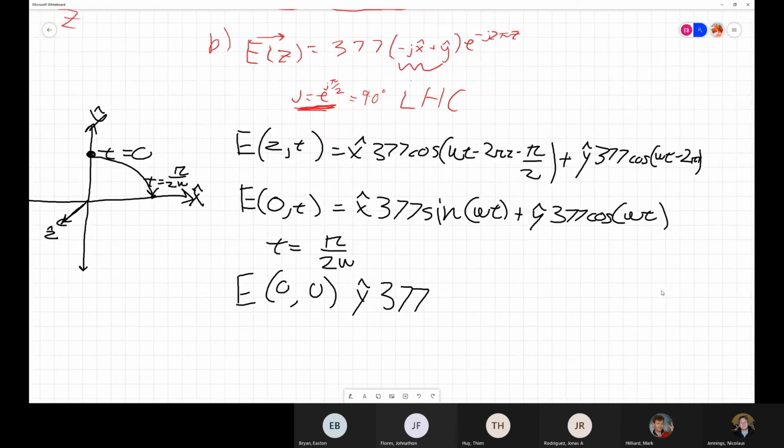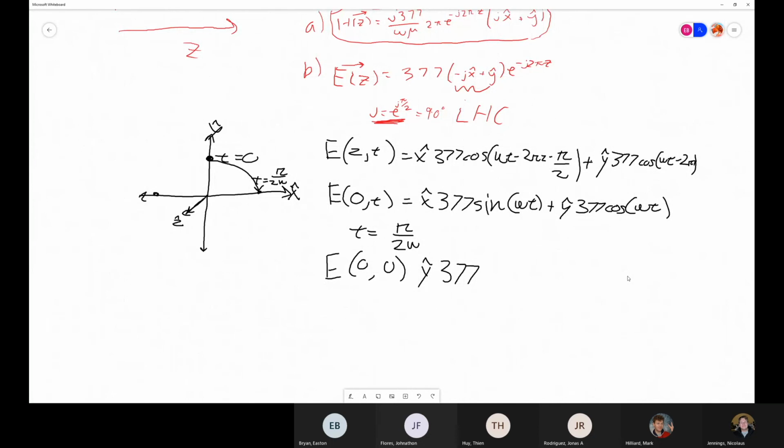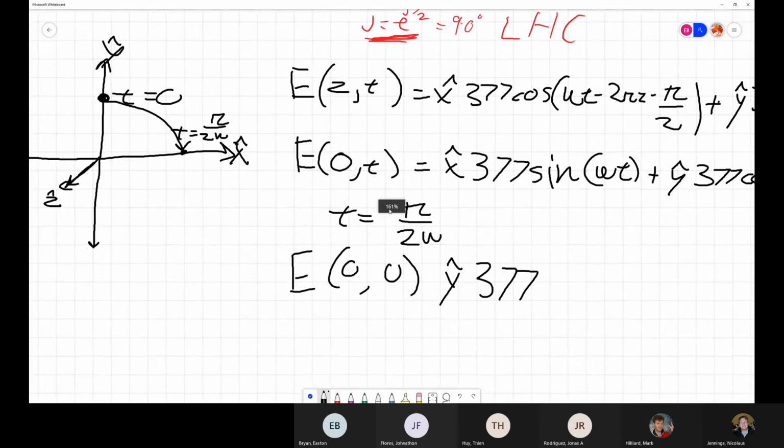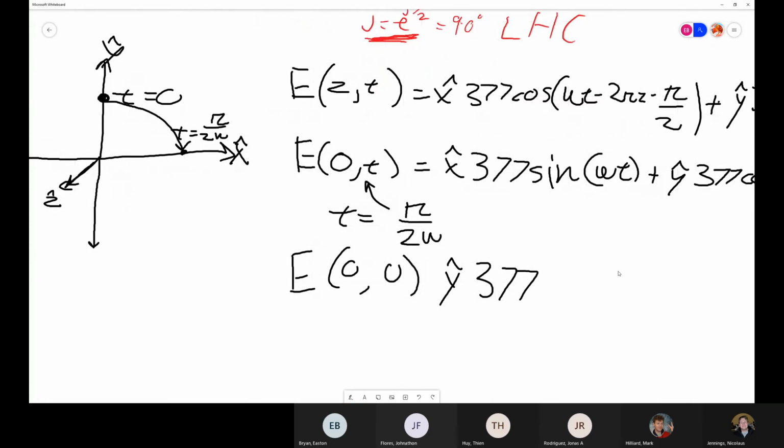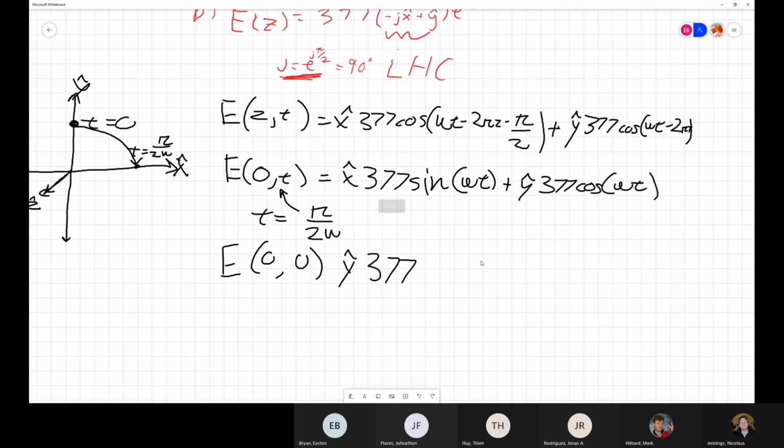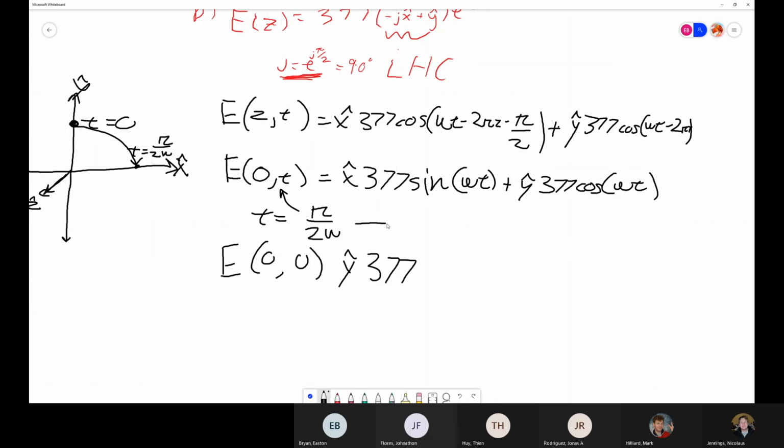Okay, then part C is plug and chug. Basically, you just get to do another fun, what's it called? Cross product. It's asking for what is that called again? The average power density. Oh, it's also asking for frequency.